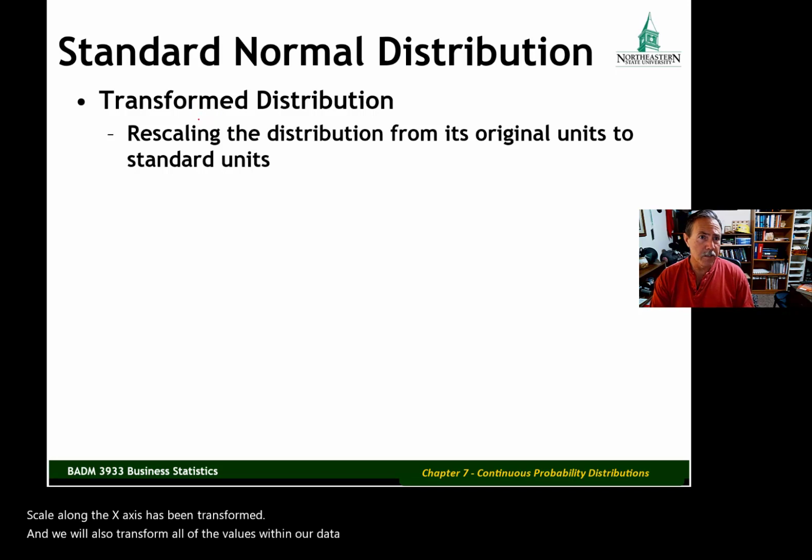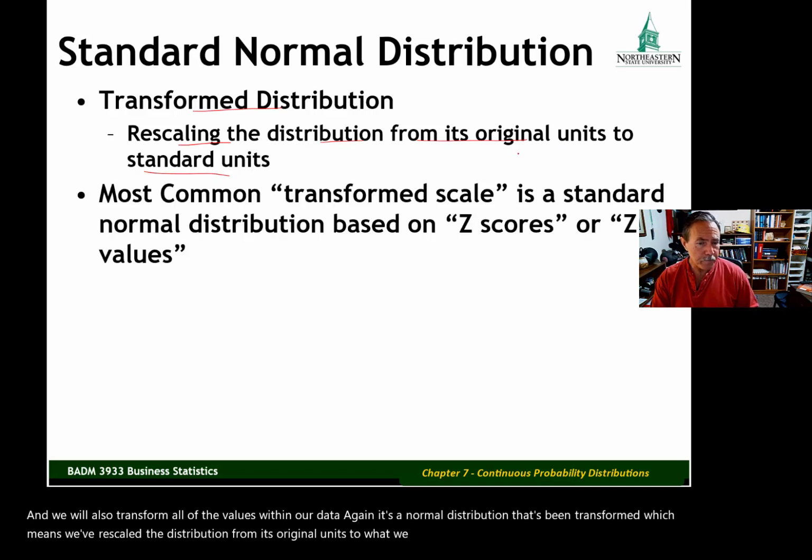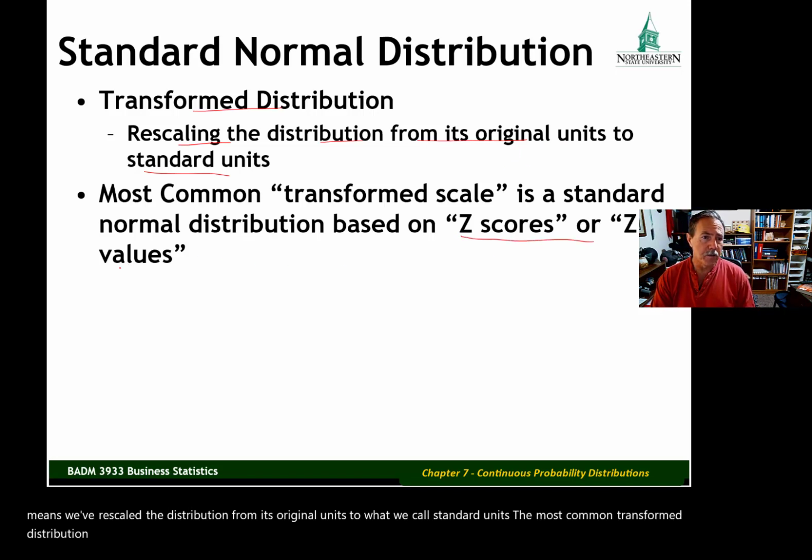Again, it's a normal distribution that's been transformed, which means we've rescaled the distribution from its original units to what we call standard units. The most common transformed distribution is the z-distribution that's based upon z-scores or z-values.